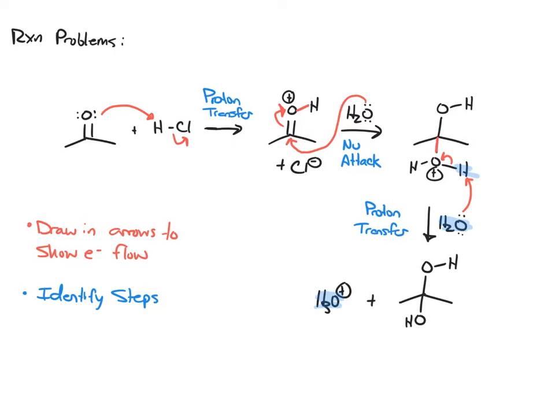All right, so there may be a couple questions, not a significant number of questions on this stuff, but a couple just asking you for a step to draw in the curved arrows to show how electrons flow.